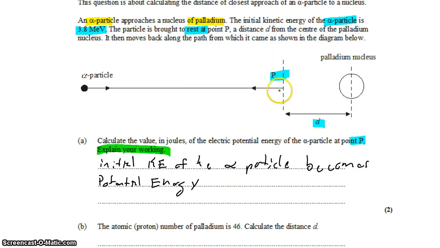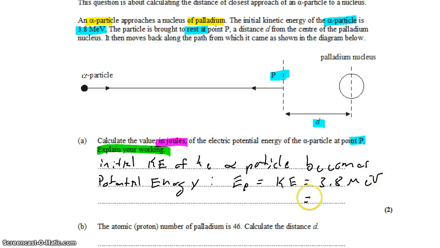We've reached our maximum potential energy. So we get to say that the electric potential energy at point P is equal to the initial kinetic energy, which is 3.8 MeV. So that is the potential energy that we're looking for, but the question does say that we need the value in joules. So we need to do a conversion.